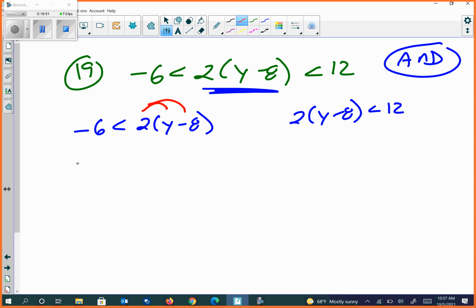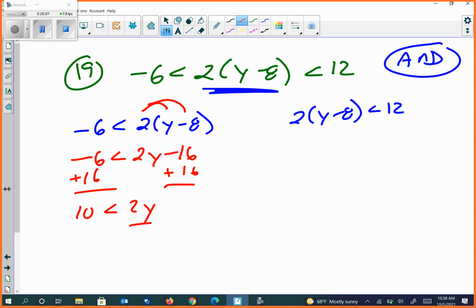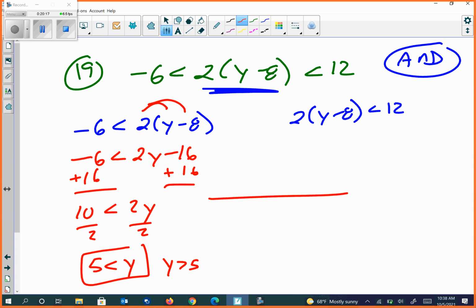So on this one, I'm going to distribute 2 over the parentheses and solve that. Add 16, add 16. That's going to give me 10 less than 2y. Divide by 2, divide by 2. 5 is less than y. So let's keep this one like that, but I know that I can flip it over to look on the number line.